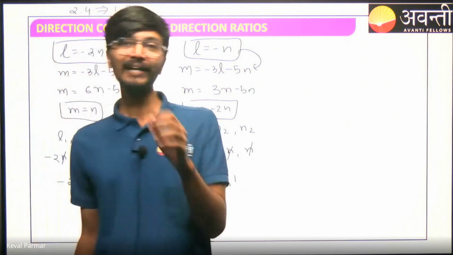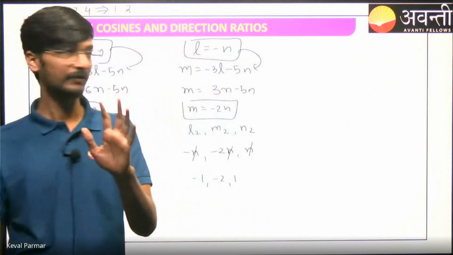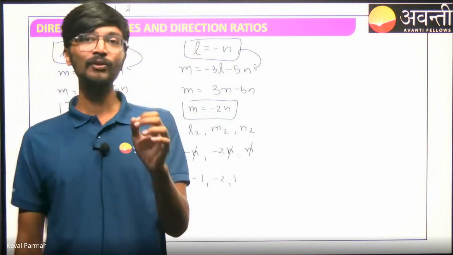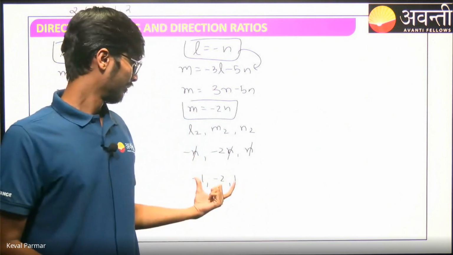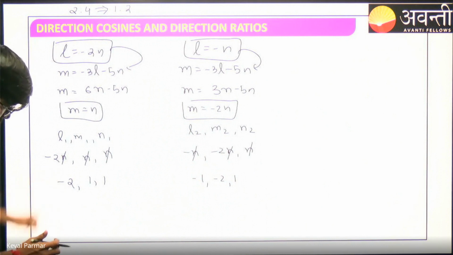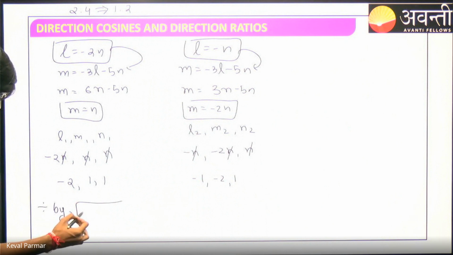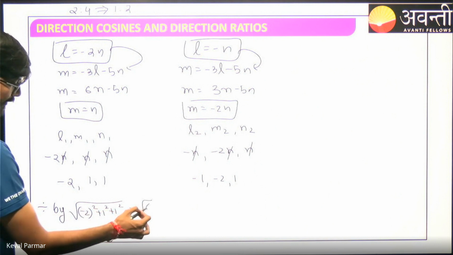Now, to get the values of direction cosines, we have to divide the direction ratios by the square root of minus 2 square plus 1 square plus 1 square, which is equal to root 6.